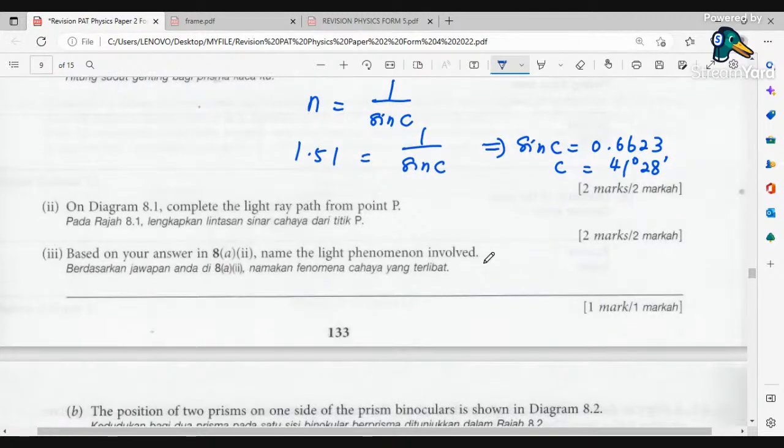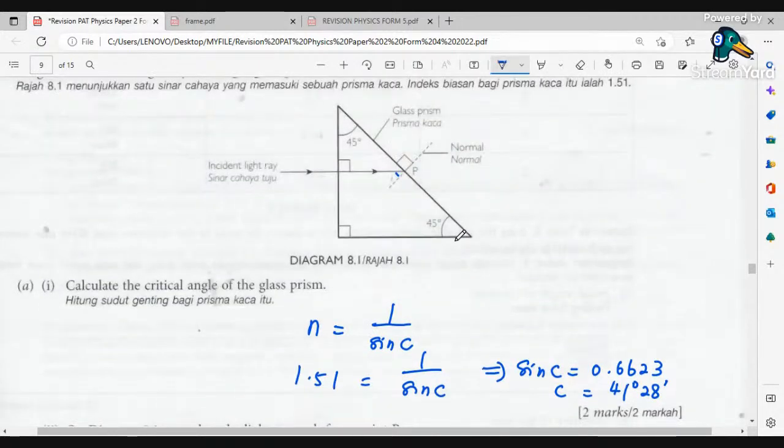Okay. On diagram 8.1, complete light ray path from point P. Okay, P ya, point P. Completekan dari point P sini. Okay, so from here I equals to 45. Okay, I 45 greater than critical angle, so larger than 41.